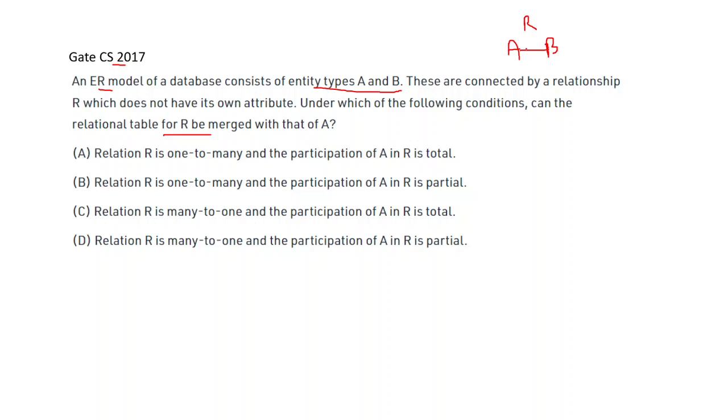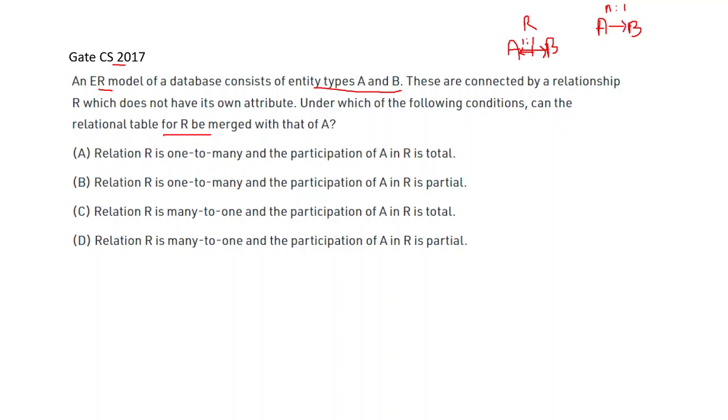So either A and B are in a 1:1 relationship, and A is in total participation, or number 2, A and B are in an N:1 relationship where A is at the N side.